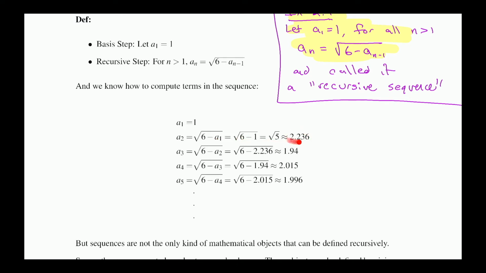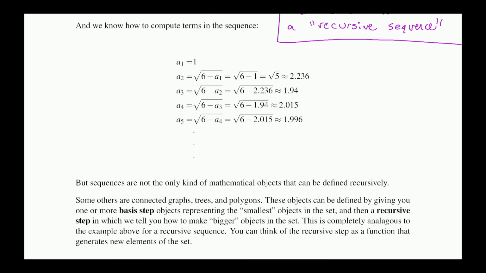Then once you have this number for a2, a3 is square root of 6 minus a2. a2 is the previously calculated number, so you put that in right here, calculate this, you get a new number, and so on, right? And so that's a recursive definition. Recursive means that the formula depends on itself. But sequences are not the only things that can be defined recursively. There are other things that can be.